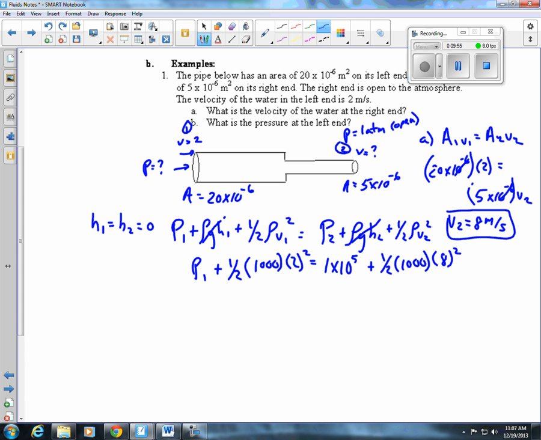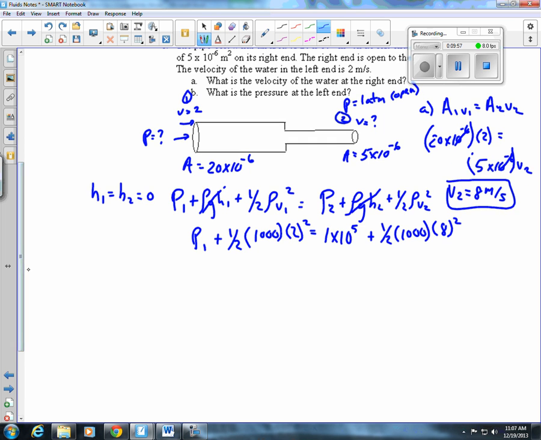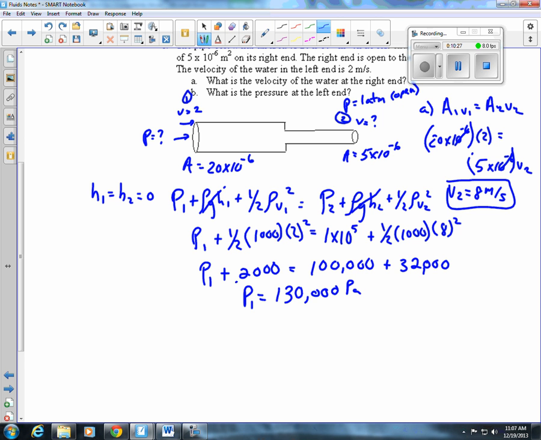All right, now this gives me P1 plus, that would be 4,000 divided by 2 is 2,000 equals 100,000 plus 64,000 divided by 2 gives me 32,000. Okay, and when I solve this, I get P1 is equal to 130,000 pascals.